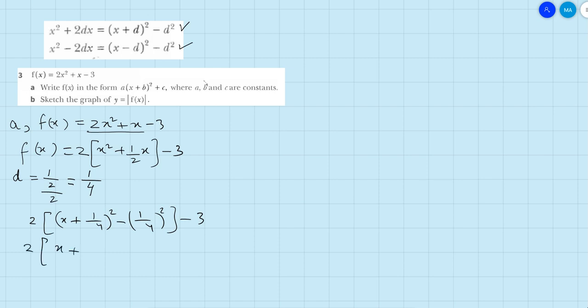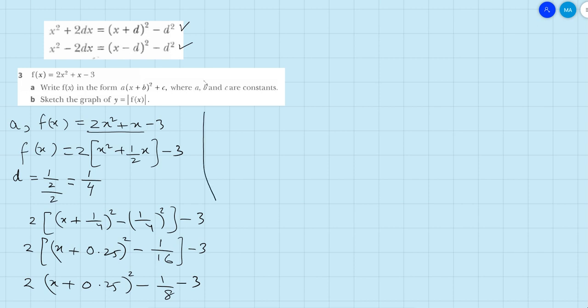So 2 (x plus 1 upon 4, which is 0.25) square minus 1 upon 4 square, which is 1 upon 16, minus 3. Multiply this 2 by the whole bracket: 2 into (x plus 0.25) whole square, and 2 into 1 upon 16 is 1 upon 8, because 2 8s are 16, minus 3.